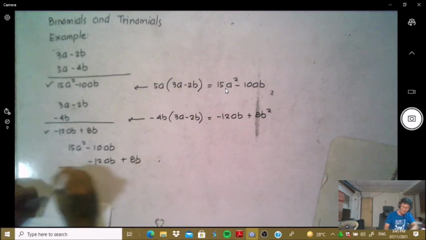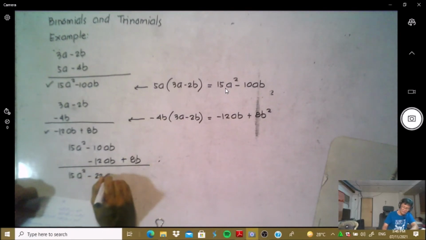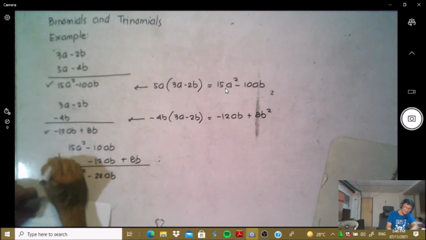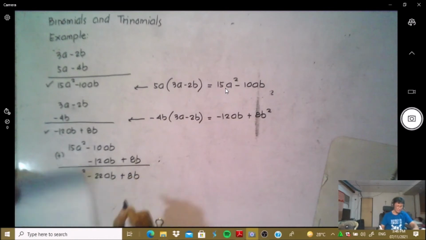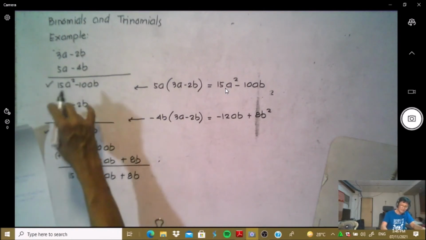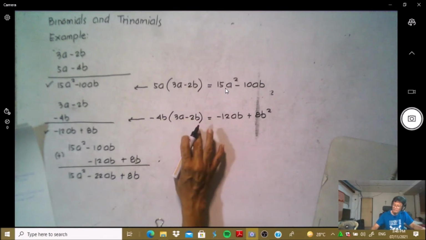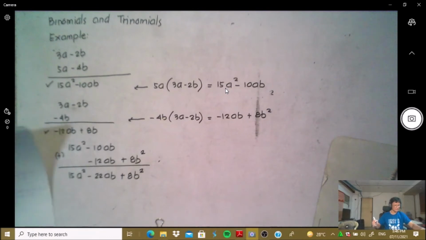Therefore, our final answer will be 15a squared minus 22ab plus 8b squared. Okay, let me check here. 4b plus, okay, 8b squared. So this will be 8b squared.